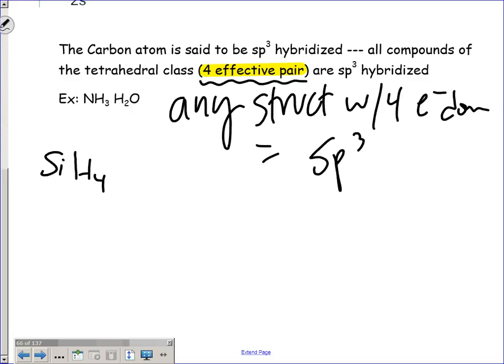Yeah, okay. Something else. I don't want all tetrahedrons, guys. Give me something that has 4 effective pairs, but it's trigonal pyramidal.